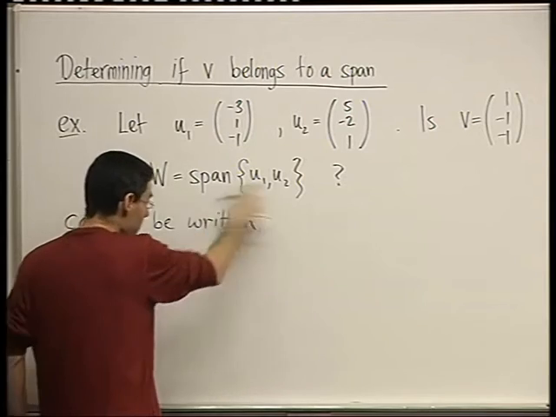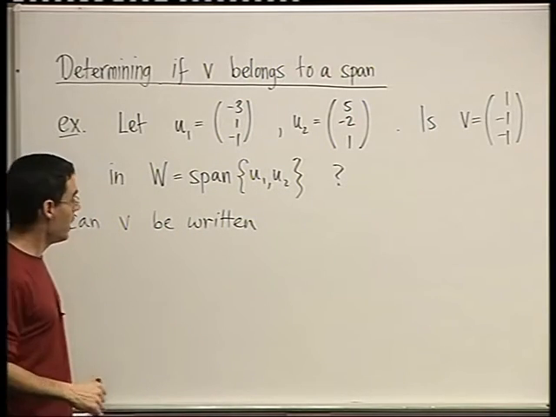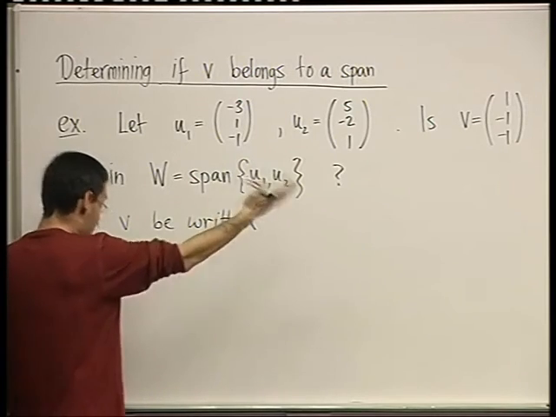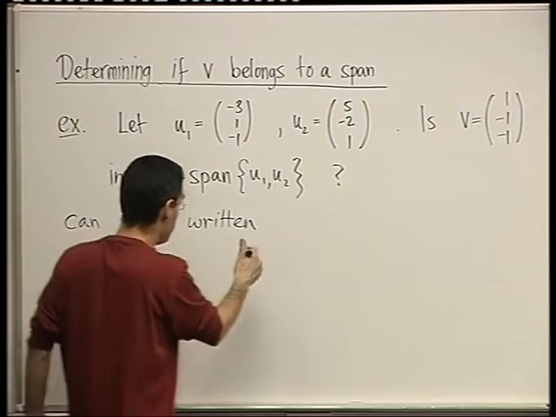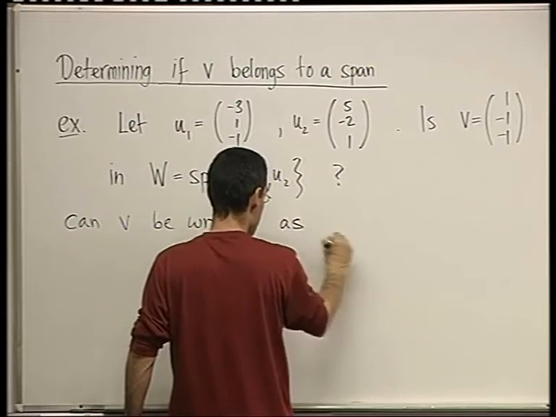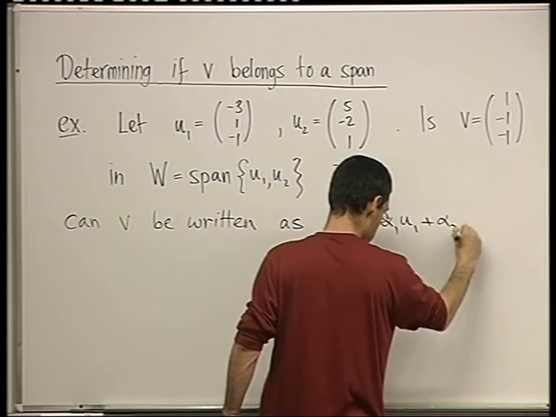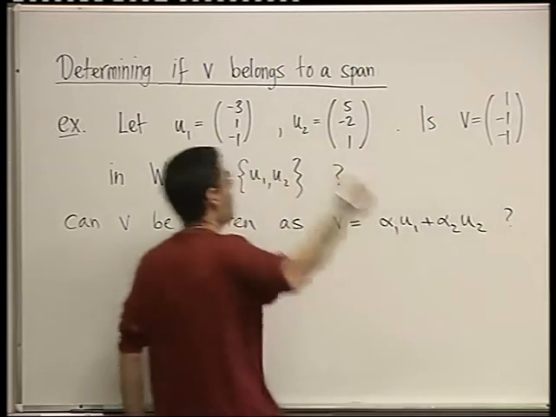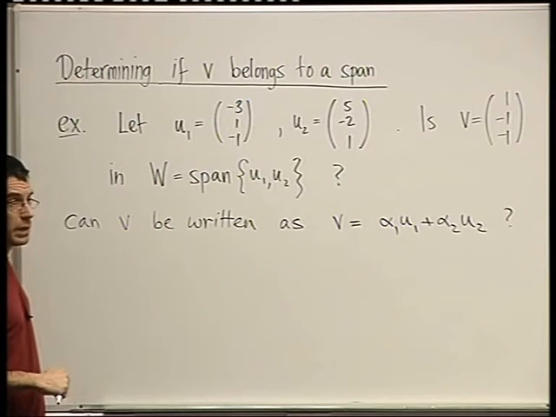Being in the span means that it's a linear combination of u1 and u2. So it's the same question as, can v be written as v equals alpha 1 u1 plus alpha 2 u2 for some alpha 1 and alpha 2? That's the question. Do you agree?